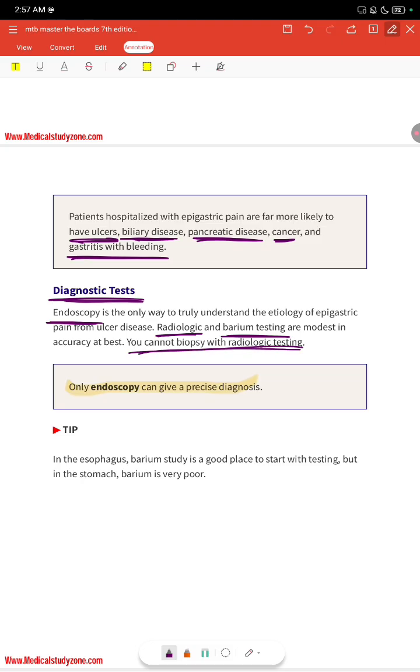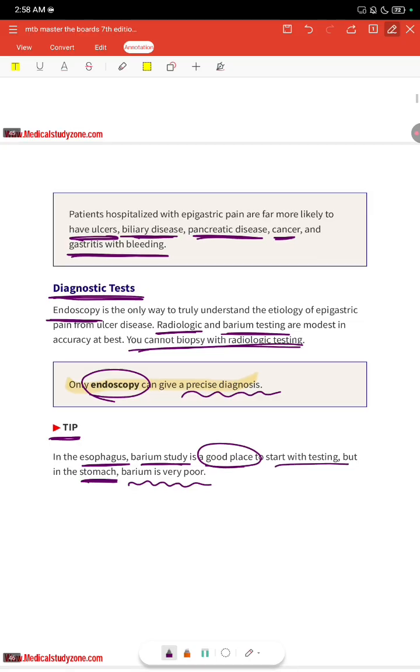So the precise diagnosis can only be given by endoscopy. Here is the tip. In the esophagus, barium study is a good place to start with testing. But in stomach, barium is very poor.